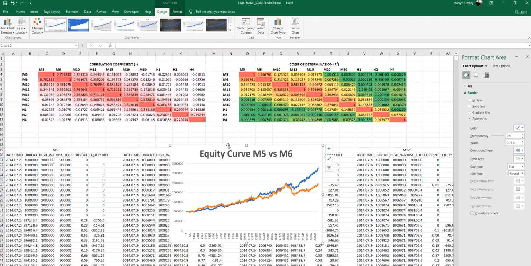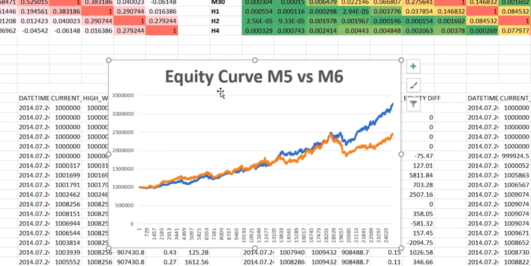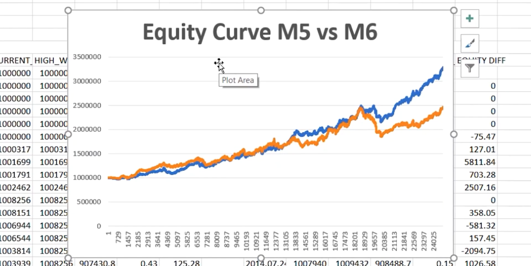So as an example, the chart that you see here is the equity curve that was produced by trading the same strategy with the same parameters, one off a 5-minute chart and one off a 6-minute chart. Now, I've chosen those two time frames to be very close together intentionally to show you the effect that this has.